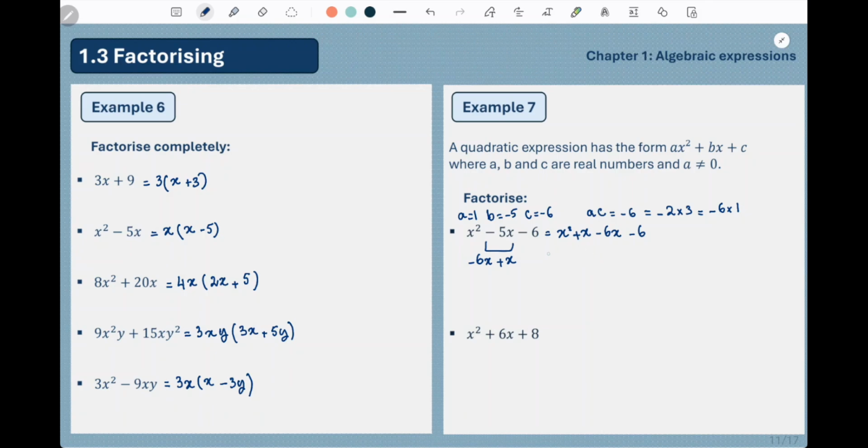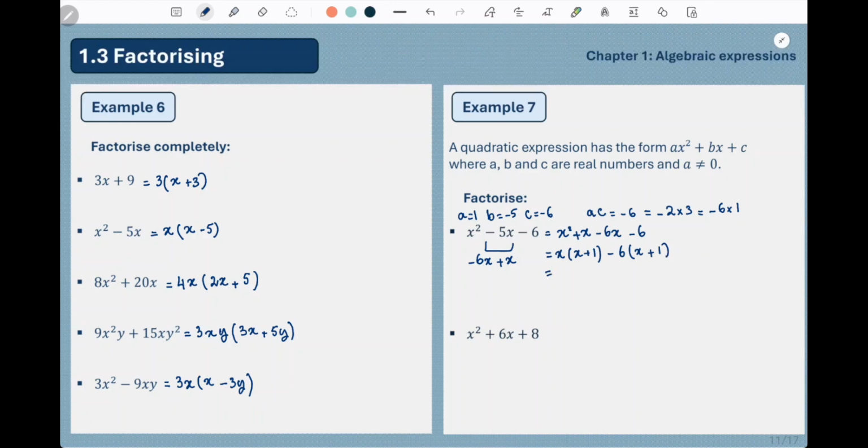So this, as you can see, is minus 5x. Okay, so we're going to do what we've been doing in example 6. A common factor here is x, and we're going to get x plus 1. Here a common factor is minus 6. So minus 6 times x is minus 6x, so we retrieved it. And minus 6 times 1, so plus 1. You see? So it all works out.